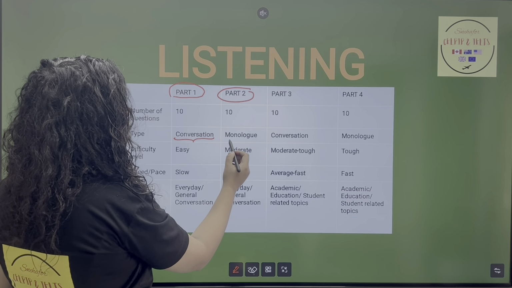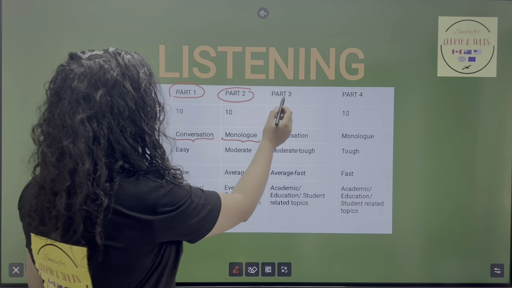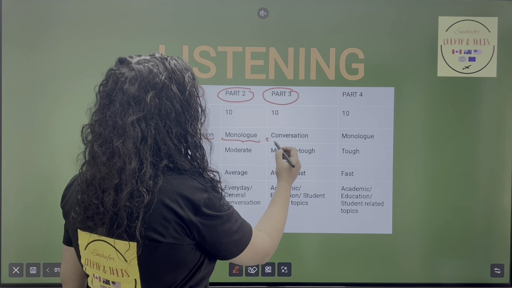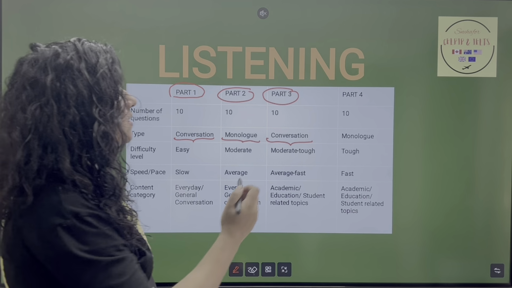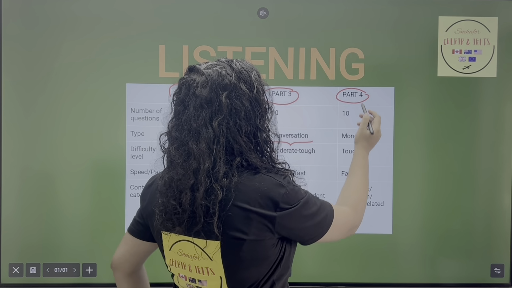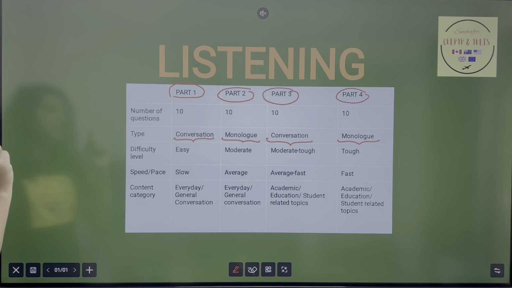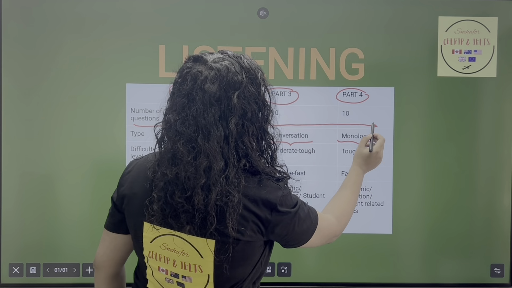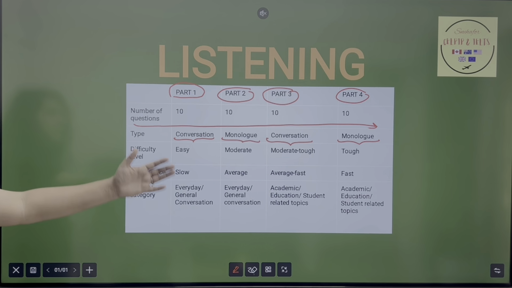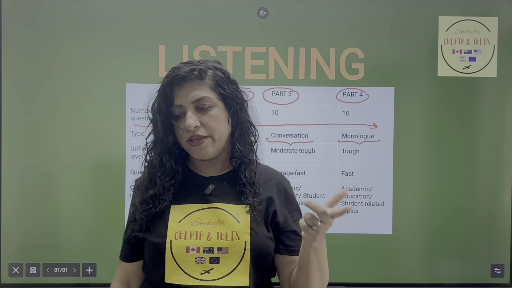Then there is part 2, which is a monologue, which means there will be only one speaker in this section. Then we have part 3, where again it's a conversation, so there will be more than one speaker. And finally we have part 4, which is again a monologue. The difficulty level of this module is progressive. That means part 1 is the easiest one and part 4 is generally the most complex one.